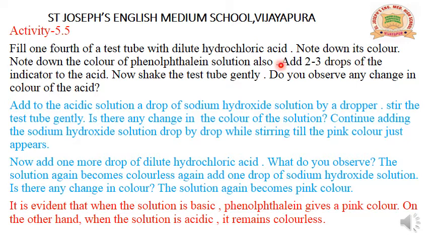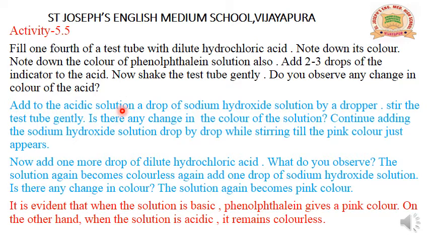Add 2 to 3 drops of the indicator to the acid. Now shake the test tube gently. Do you observe any change in color of the acid? Yes, we do observe, because when phenolphthalein is added to the acid, it becomes a colorless solution.